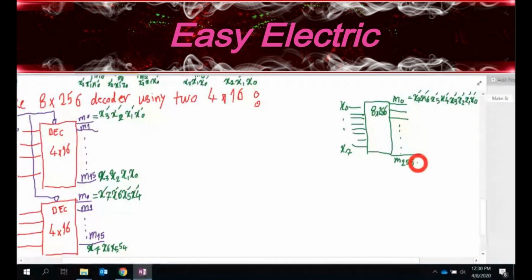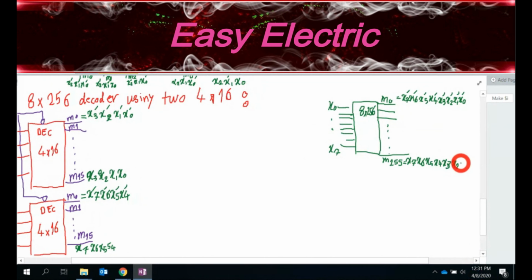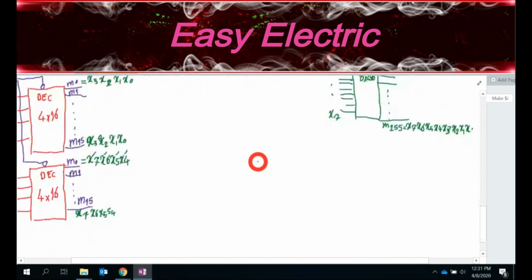And how about M255? It should be X7, X6, X5, X4, X3, X2, X1, X0. Don't worry, I'm not going to draw all 255, just probably two of them, which are M0 and M255.